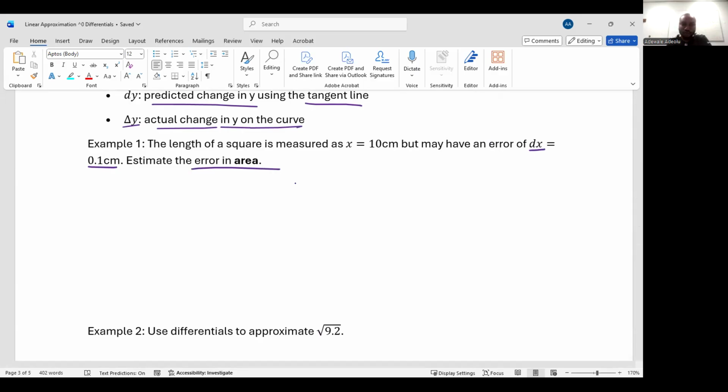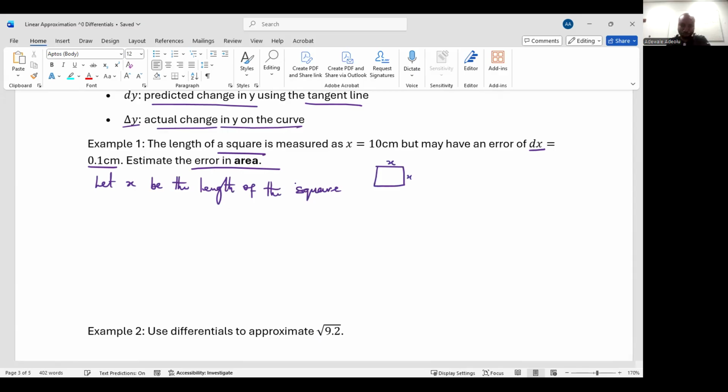We know we are dealing with a square, so let x represent the length of the square. So this is x, x, x, x.